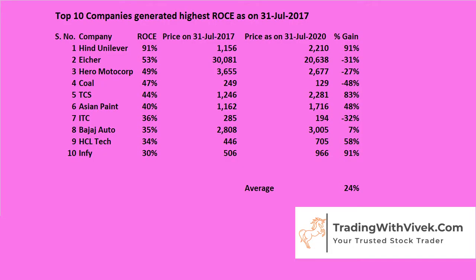Let's see, if we had invested in the top 10 return on capital employed companies, or in the lowest ROCE generating companies in the last 3 years, from 31st July 2017 to 31st July 2020.